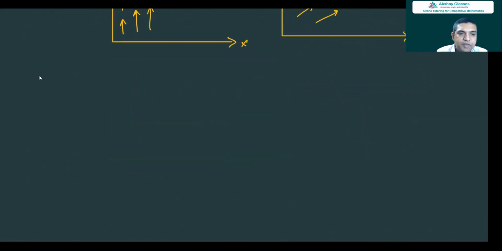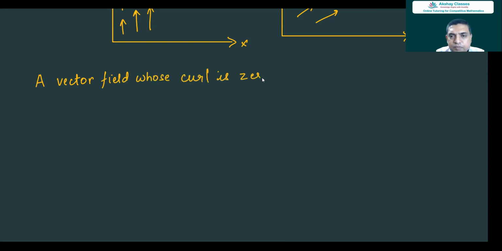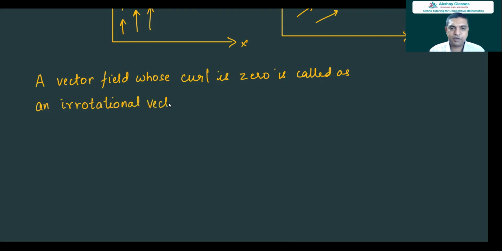So a vector field whose curl is 0 is called an irrotational vector field.